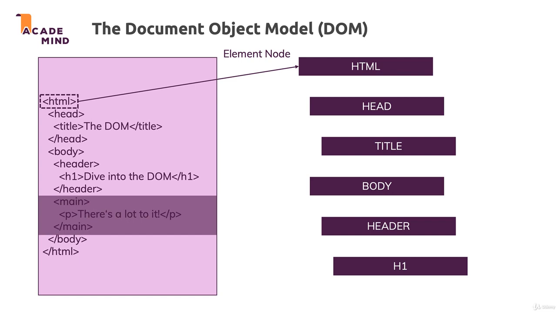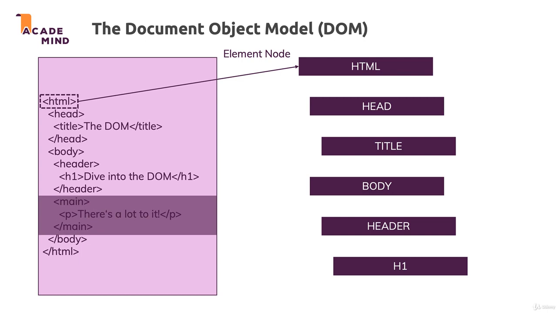Now you also already see I'm creating kind of a structure here. These blocks on the right are indented on different levels. And the reason for that is that in the end, the browser creates a tree of elements, or a tree of nodes, I should say here. And in that tree of nodes, the HTML node is the topmost node. It has the head and the body as child nodes.